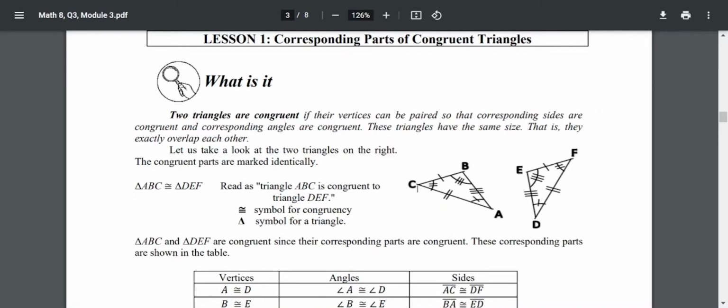These triangles have the same size, that is, they exactly overlap each other. So if we place one triangle over the other, they have the same size, the same measure. So that is the time that we can say that two triangles are congruent.